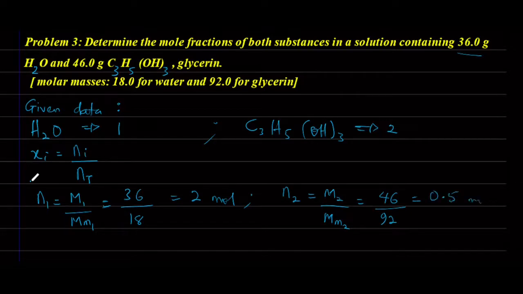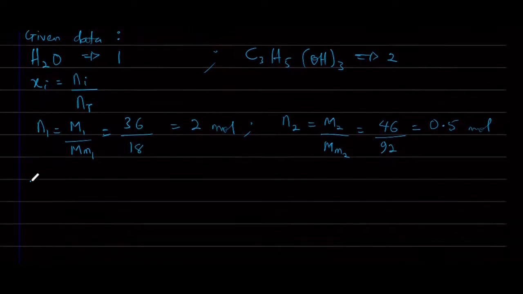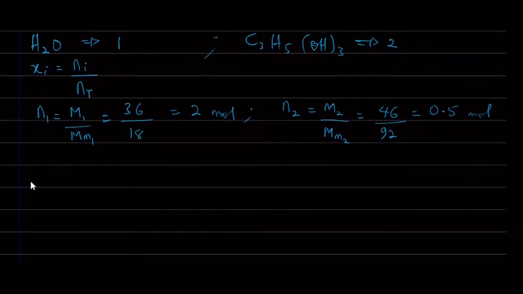Now that we have the number of mole, we can solve for the total number of mole. Total number of mole is number of mole of the first component and number of mole of second component. We add them together. For the first component, we have 2, which represents mole of water. Then we have 0.5 mole of glycerin, and that gives us 2.5 mole.